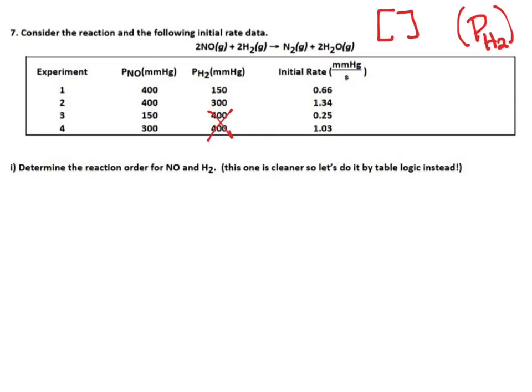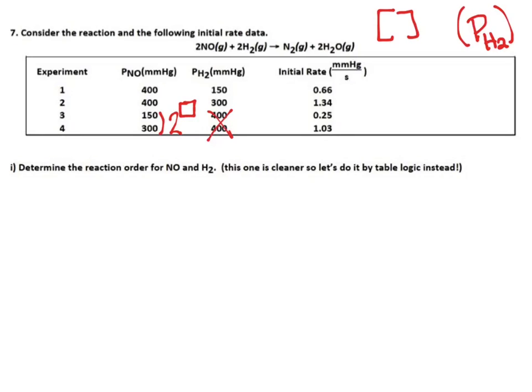So as I go from 3 to 4, what happens to our pressure? It doubles. So it goes up by 2. I want to find out what that exponent next to that number is.